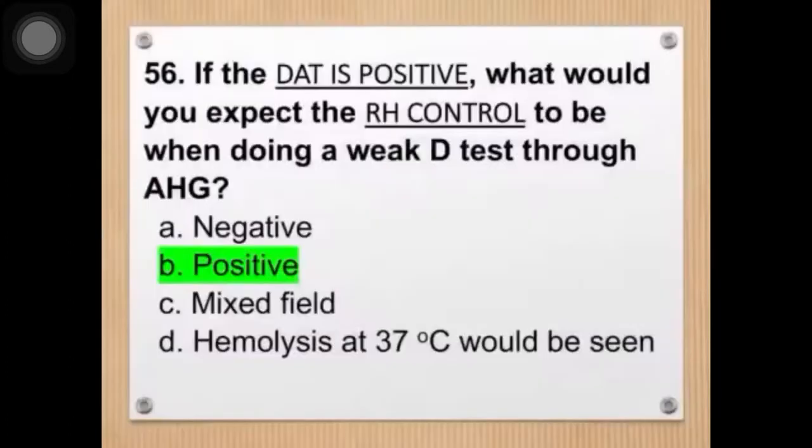Now, number 56, if the DAT is positive, what would you expect the Rh control to be when doing a weekly D test through AHG? Kapag ang red cell ng patient ay DAT positive, ang in-expect po natin dito, yung anti-D positive at saka yung Rh control positive, both positive.